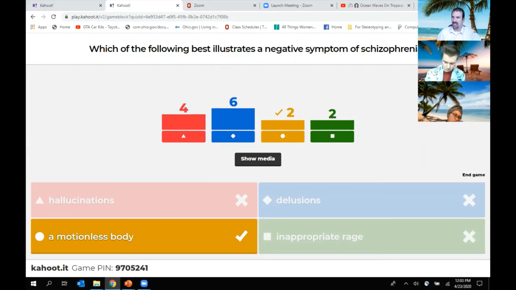Positive symptoms of schizophrenia show the presence of problematic behaviors. In this case, we would say it's a negative symptom of being a motionless body because it's lacking a healthy behavior. We want to be moving up and about. Individuals with schizophrenia can be catatonic, where they're not moving. They're sitting in the same position for hours on end. Okay, so that's definitely one that trips students up in terms of talking about positive, negative symptoms of schizophrenia. So make sure to spend some time looking at that.